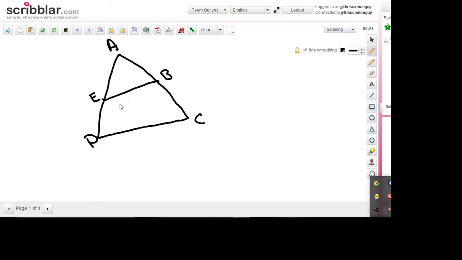Okay, if you look at the pieces, when you're looking at one whole side, if I were to mark that, this side would be congruent to this side, and then this whole side would be congruent to that whole side.